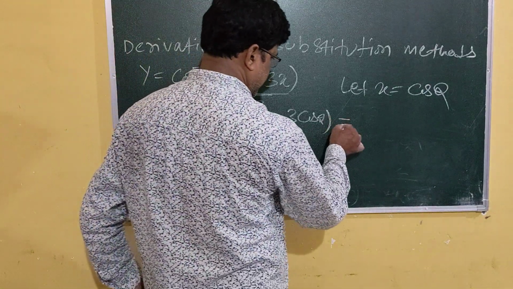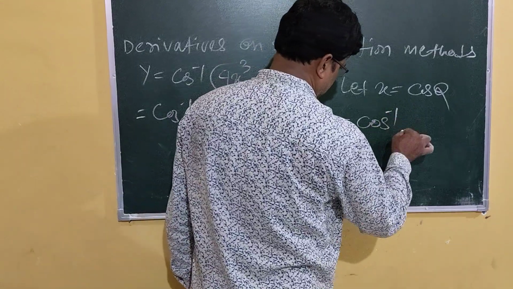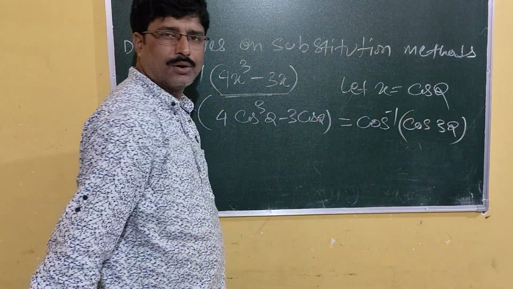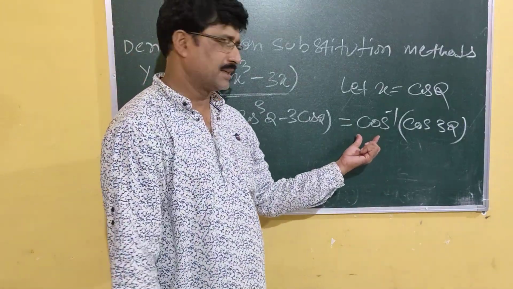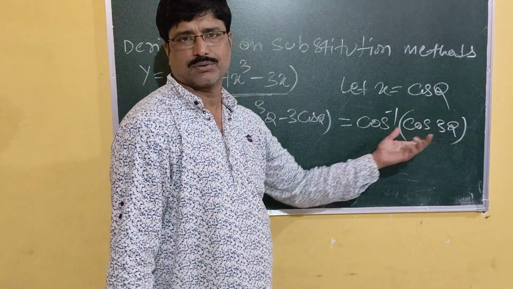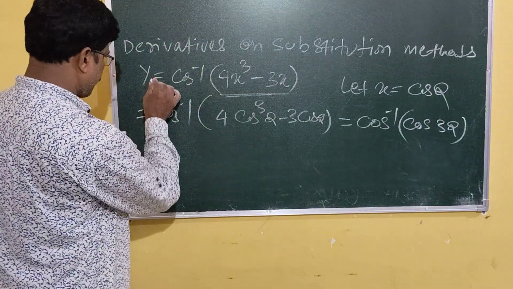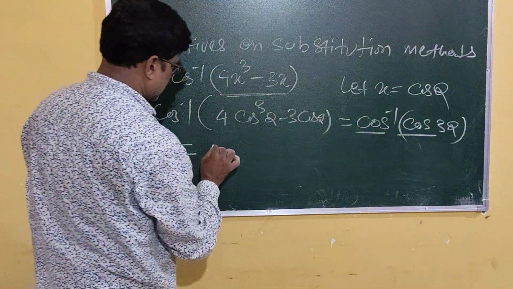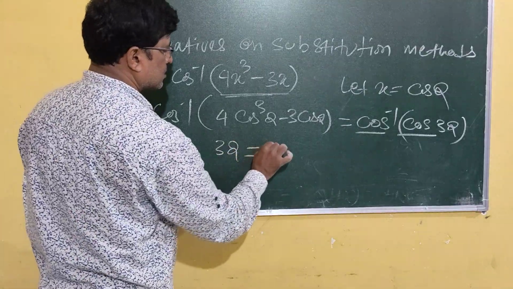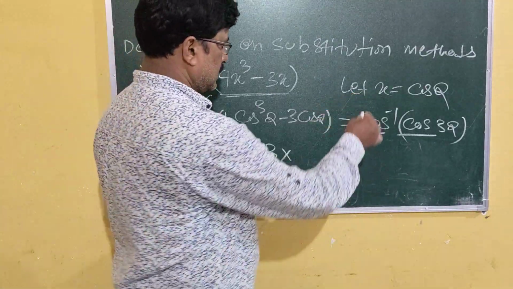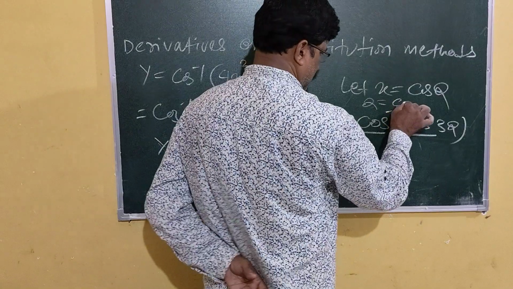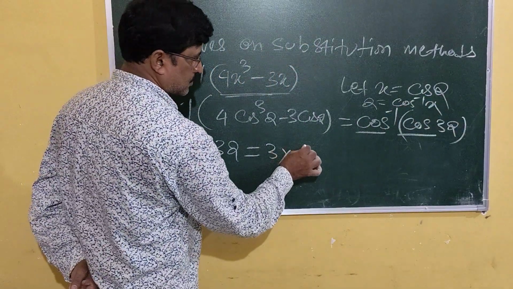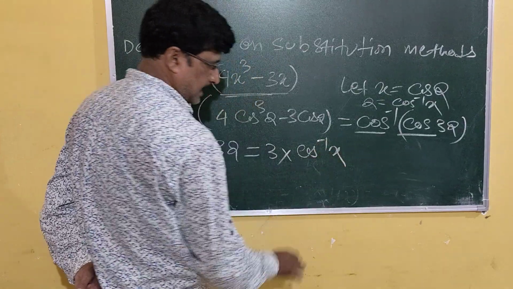So we can put here cos inverse cos 3 theta. Again we come to the point, cos inverse cos x is equal to x. So y is equal to 3 theta, where theta is equal to cos inverse x. Put here theta is equal to cos inverse x.